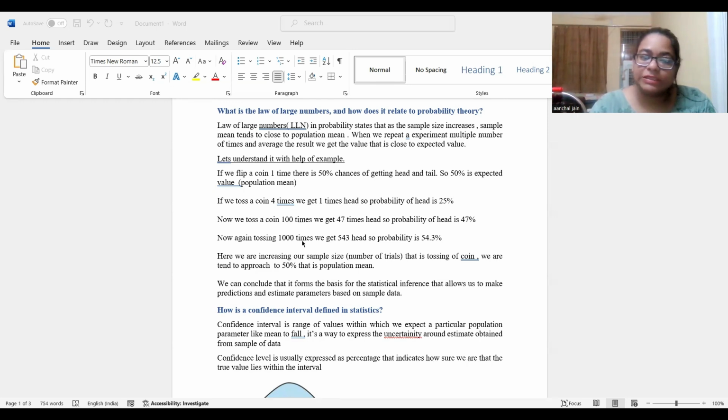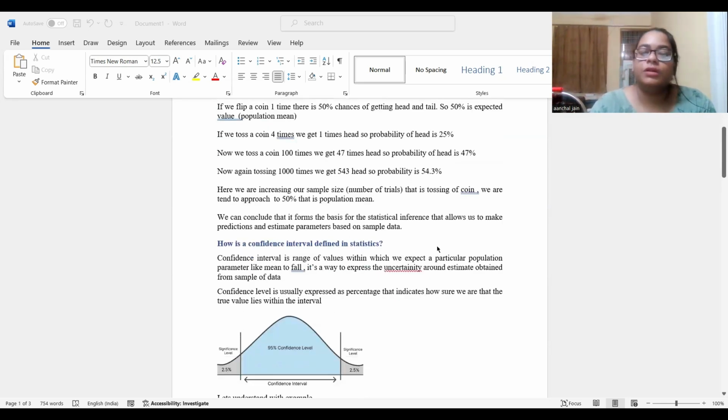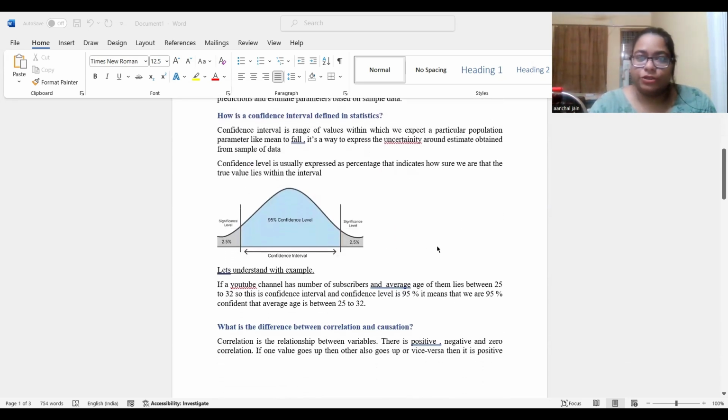So as we increase the sample size, our expected value also goes close towards the population. So this is the law of large numbers. Now, moving forward to the next question.